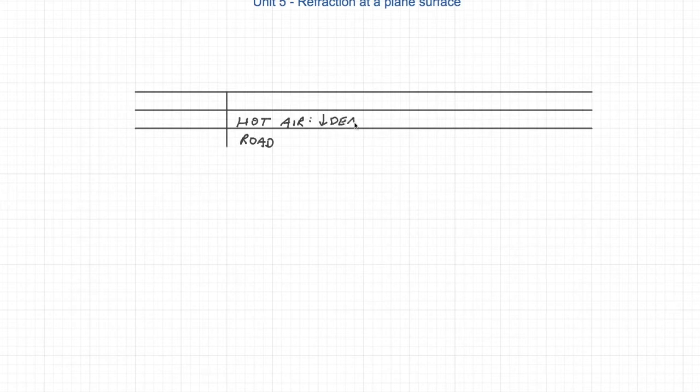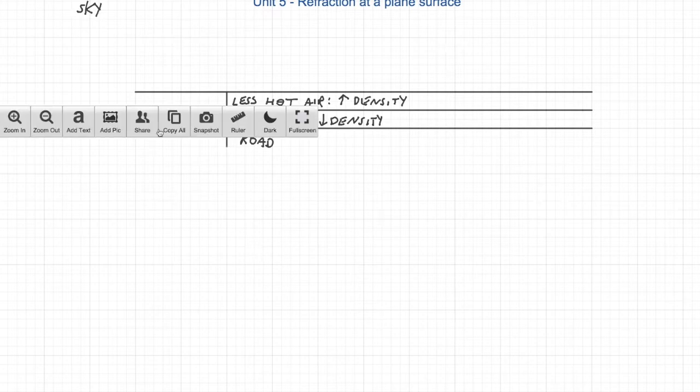Well, the road on a hot day has a hot layer of air directly above it and a slightly cooler layer of air above that. The hot air has a lower density, a lower optical density, and a lower index of refraction than the less hot air above it.